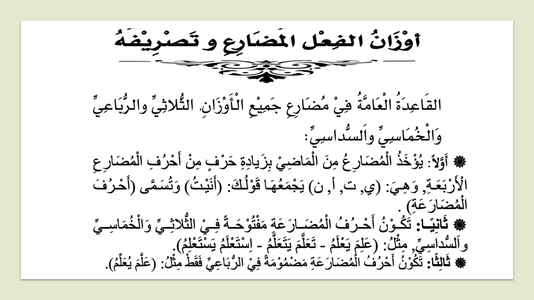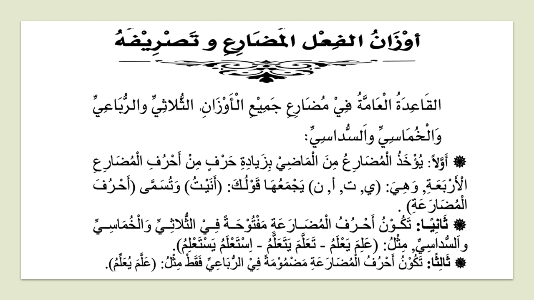They are ya, ta, hamza and nun. And you can combine them in the word أنيت. You just memorize أنيت. And they are called أحرف المضارعة, letters of the present tense.